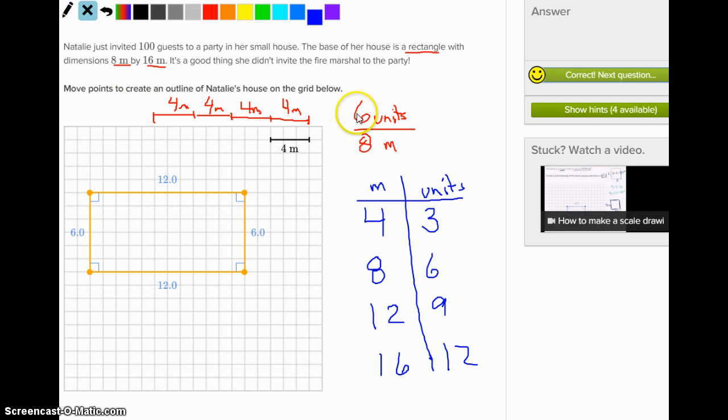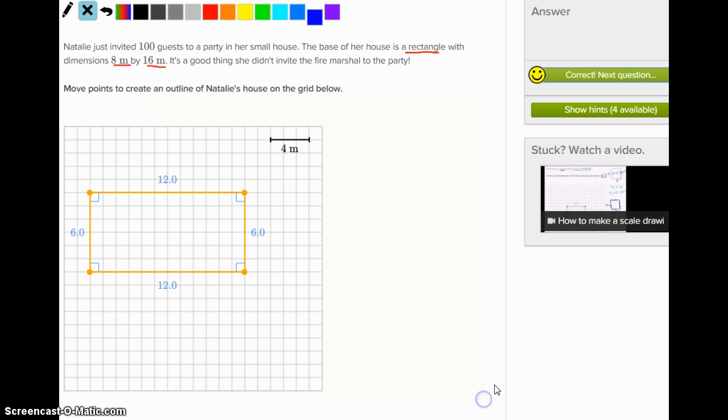Now you can do all that, and I hope you understand this, but a really easy way to solve this is with a proportion. So my scale here that I'm given is that 1, 2, 3 units is 4 meters. So if I need 8 meters, I can solve this proportion, or I can think of it like, well, if I double this number, then I have to double this number.